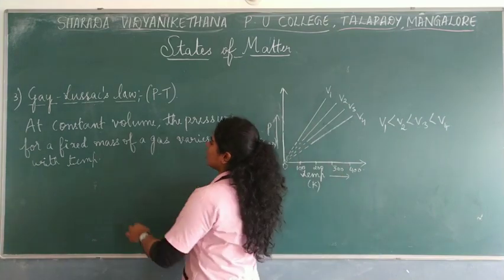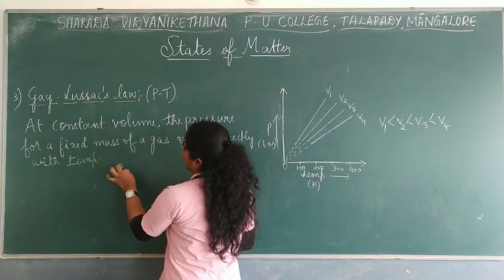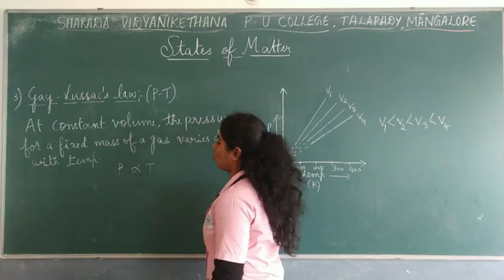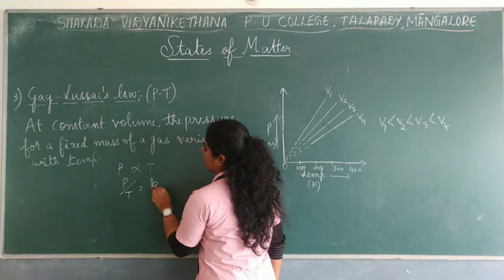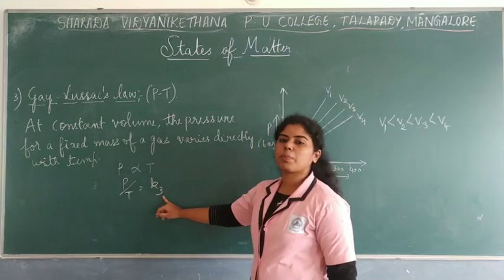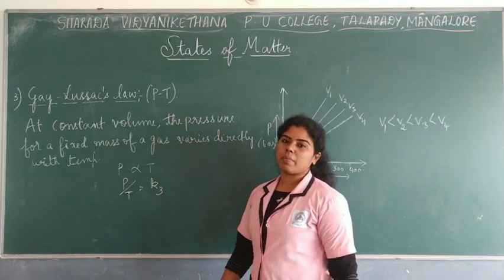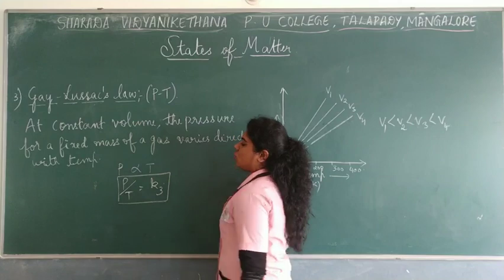The expression is that pressure is directly proportional to temperature, or we can write P by T is equal to K3, the third proportionality constant, wherein the pressure is divided by temperature. This is how you get the expression for Gay-Lussac's law.